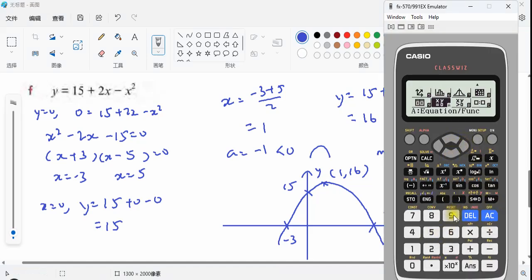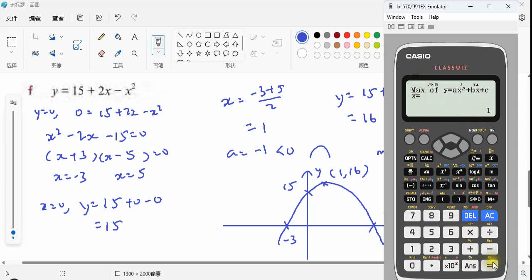Again, using the equation, not simultaneous equations: the polynomial is of degree 2, with negative 1 as the coefficient of x squared, then 2 and 15. So we have the roots 5 and negative 3.